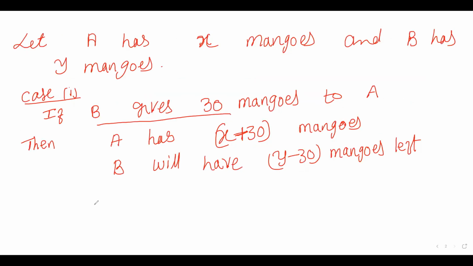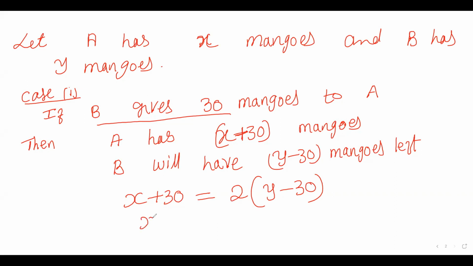So the condition 1 is A will be having twice as many as B is left with. B is having these many left over. So A will now have twice whatever B is having after giving 30 mangoes. I hope you understood this.